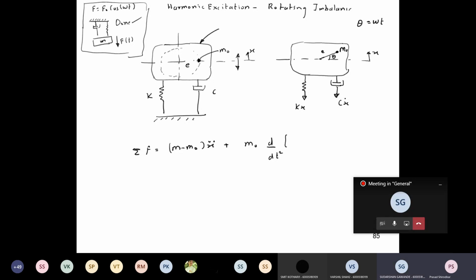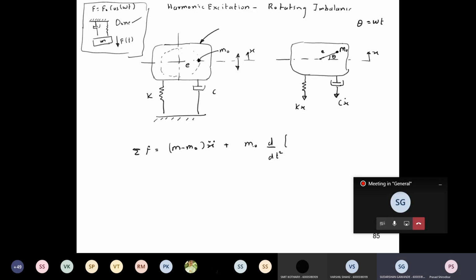Okay, and it is located at eccentricity E, like in your IC engine. So in your IC engine, the engine will be vibrating up and down, but inside the housing you also have something like a piston or a crank. Okay, so that is rotating. All right. So this is translating. So mass is rotating as well as translating. Both things are happening. Okay.